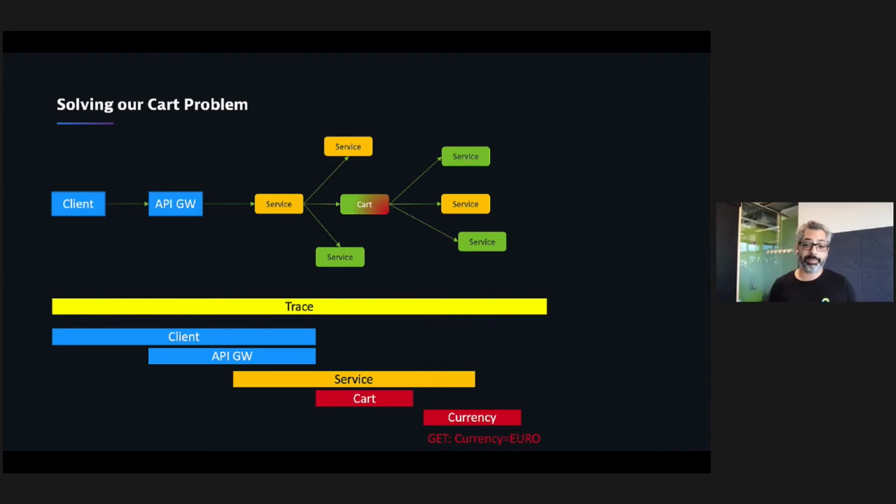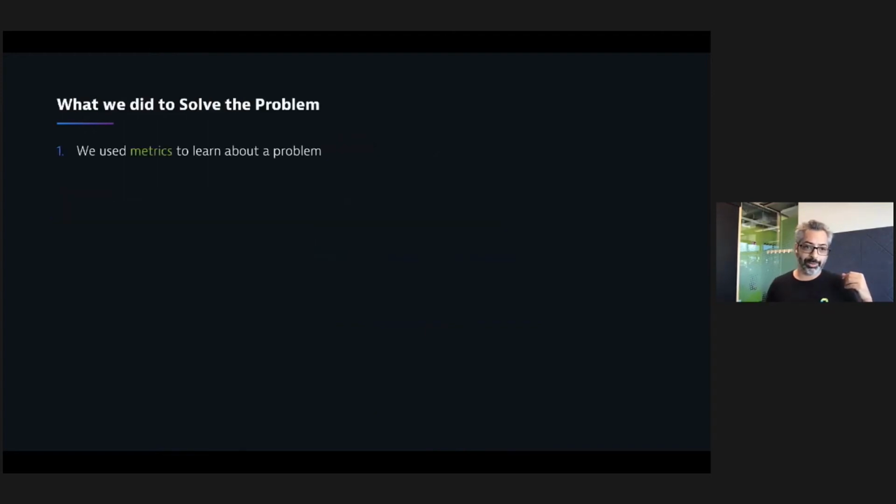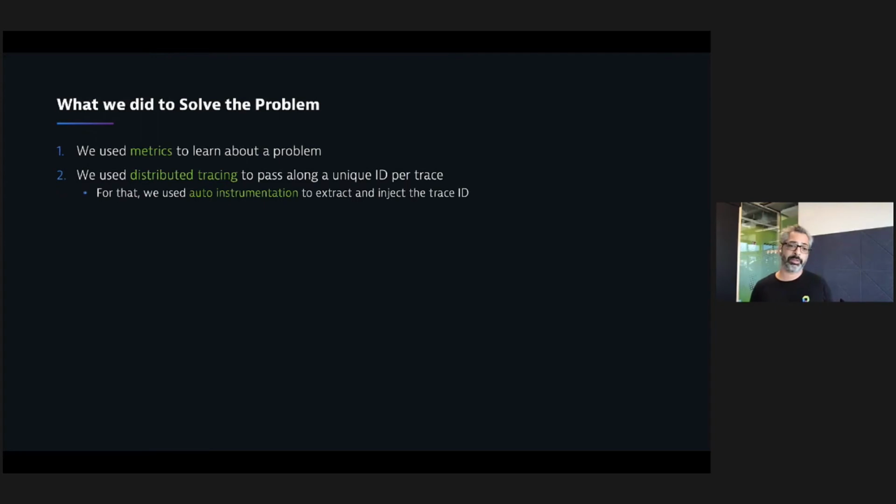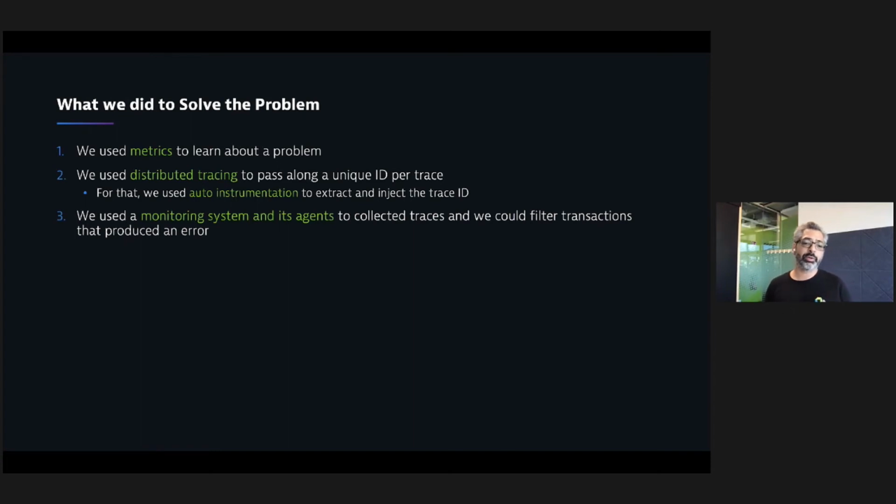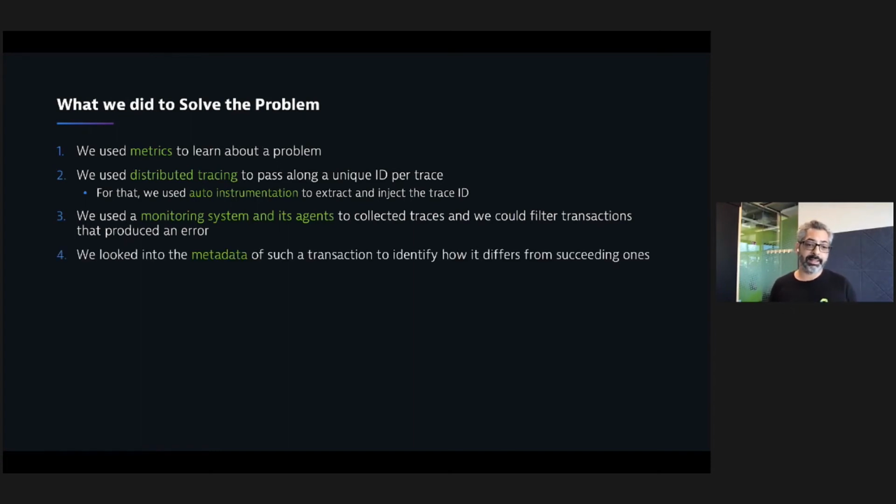And so the problem is basically solved. So we used metrics to learn about a problem. We used distributed tracing to pass along a unique ID. And we used the monitoring system and its agents to collect the traces. In the end, we looked at the metadata of such a transaction to identify how it differs from succeeding ones.